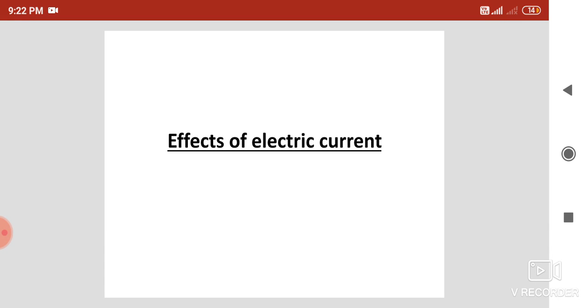Hello students, as you know we started the new chapter, effects of electric current. So far we have seen two effects of electric current: the heating effect and the magnetic effect.